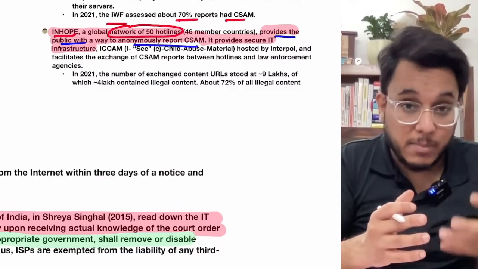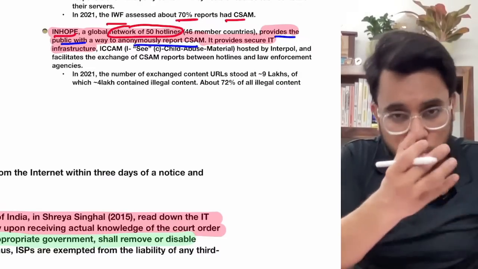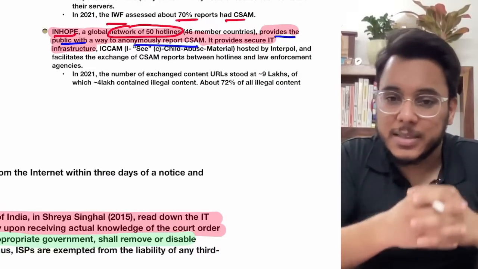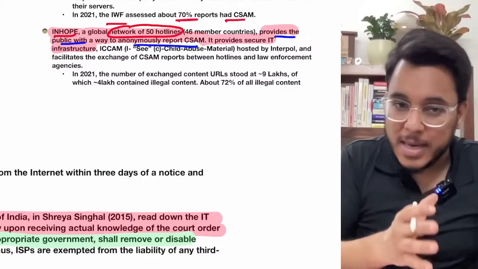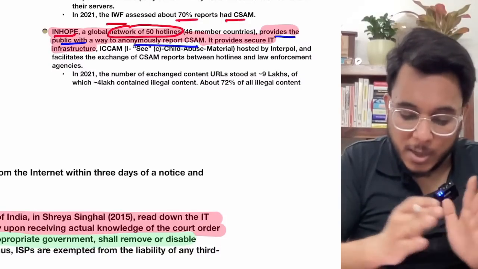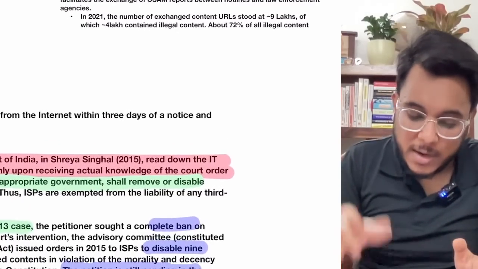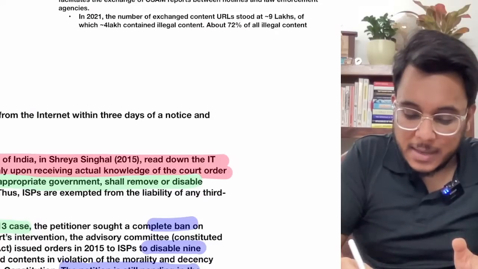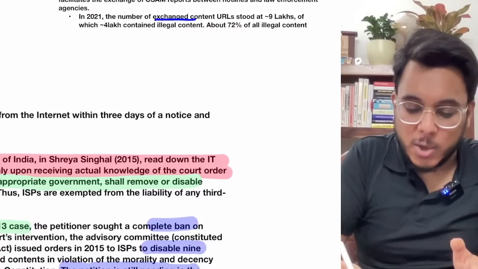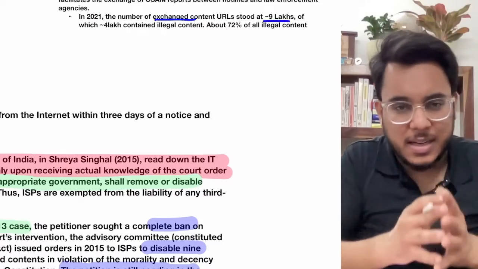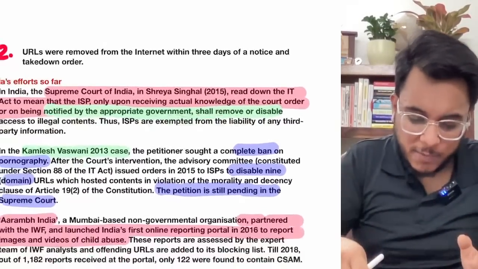So if any person comes across any social media group or any place where child pornography is being circulated, they can report it. Is it clear or not? In 2021, the number of exchanged content URLs stood at 9 lakh. So these are the URLs containing such material.